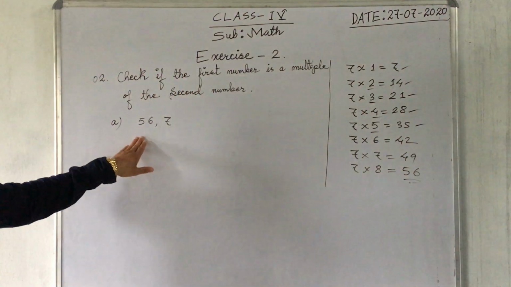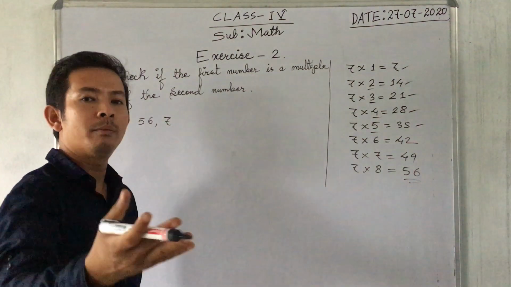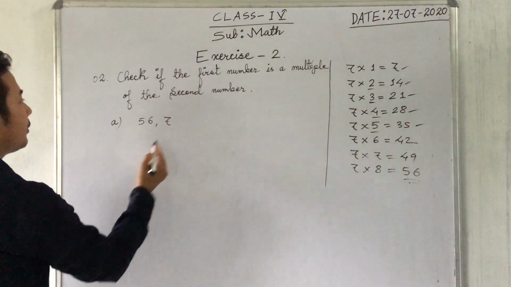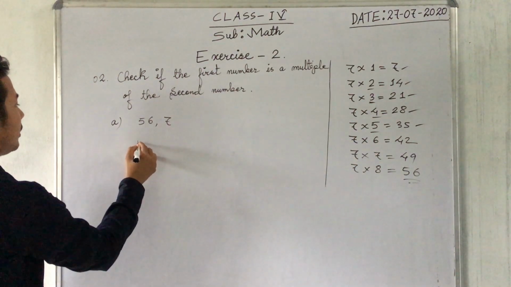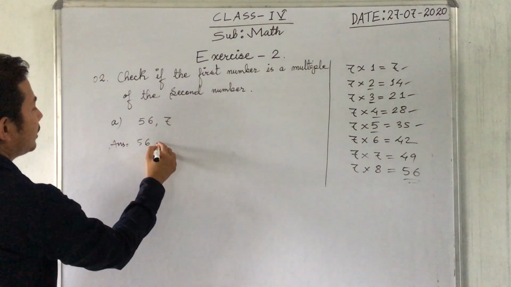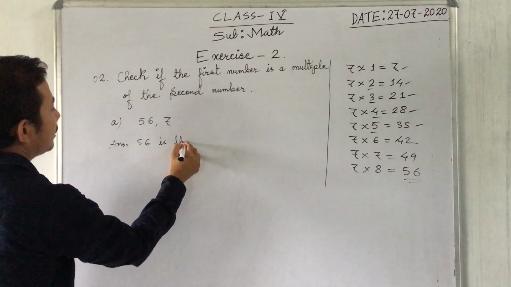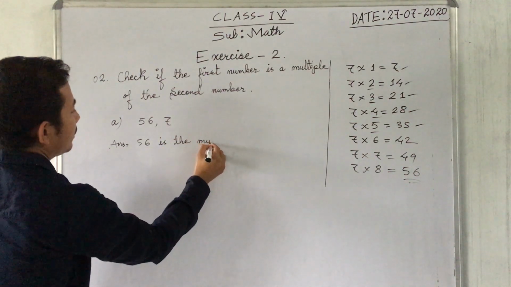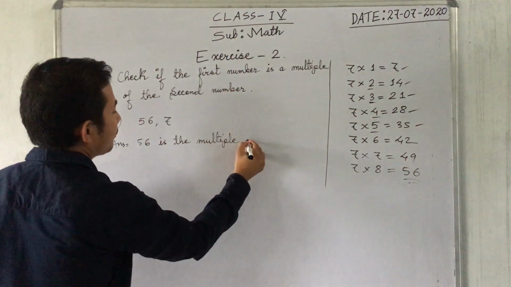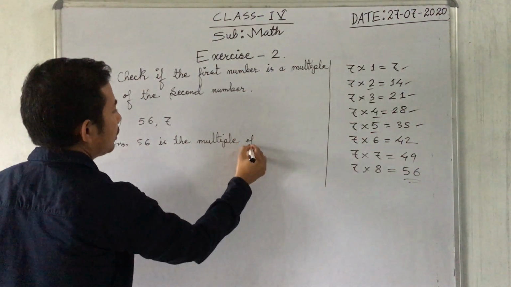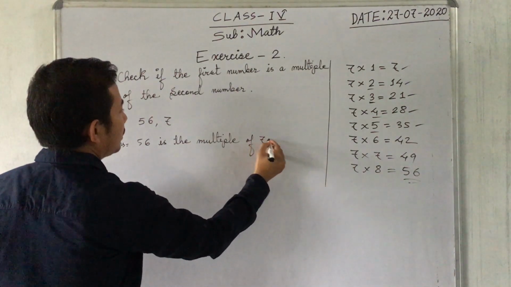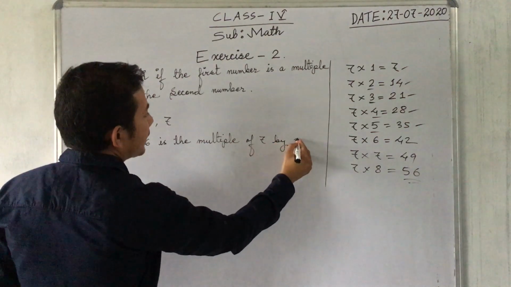That means 56 is a multiple of 7 by 8 times. So we can write it this way: 56 is a multiple of 7 by 8 times.